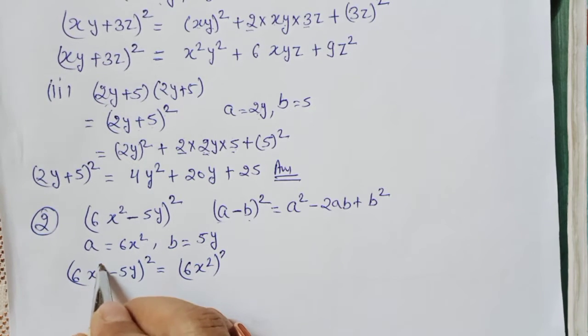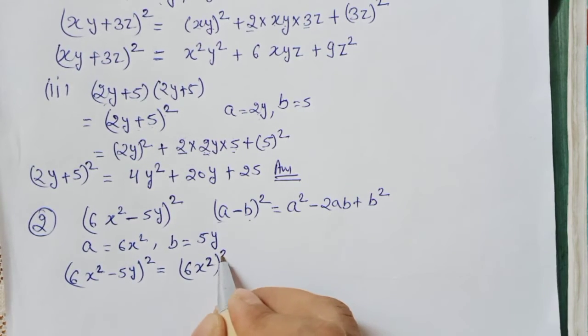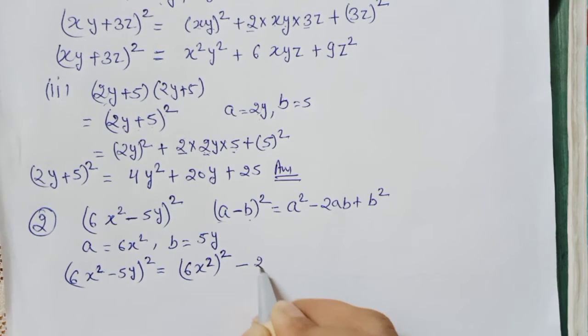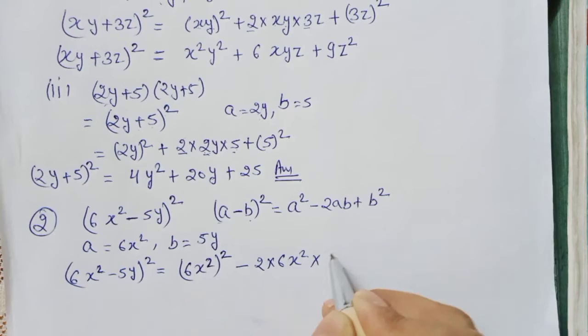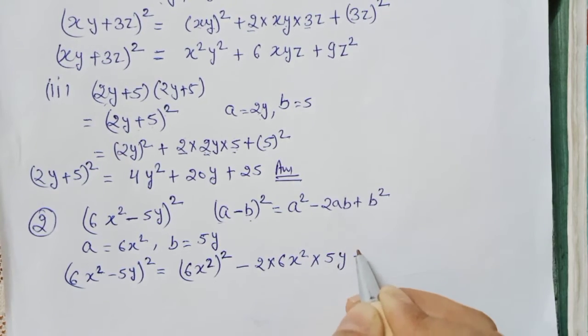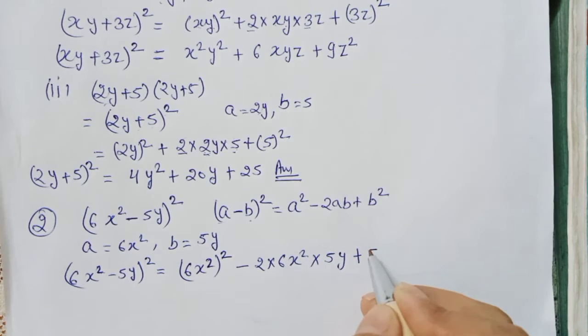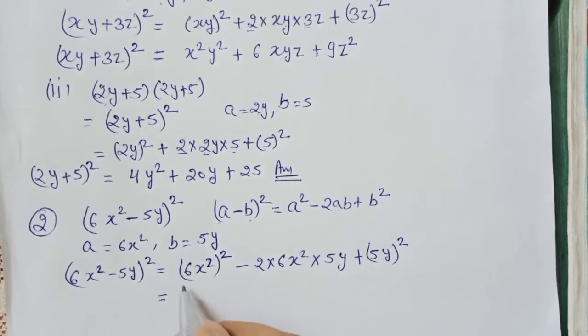Here we are already given a square, so we write this square inside the bracket, and this square is from the formula. Minus 2ab, a is 6x square, b is 5y, plus b square. What is b here? We have 5y as b here, so square that.